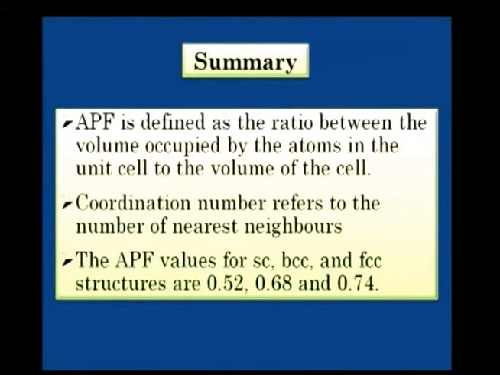Using the coordination number, we have calculated the atomic packing factors for cubic structures. The atomic packing factors for simple cubic, body centered cubic and FCC structures are 0.52, 0.68 and 0.74, or in other words 52%, 68% and 74%.